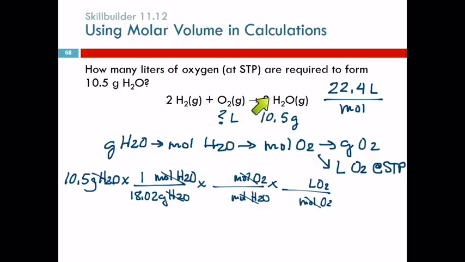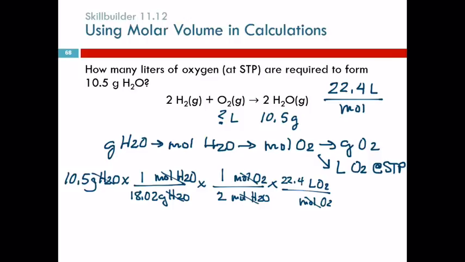Mole ratio comes from the balanced chemical equation. In front of oxygen, there's nothing. That means there's a 1. In front of water is a 2. And over here, liters and moles, I'm going to use this relationship. It's 22.4 liters is equal to 1 mole. You have to get the 22.4 in the right place. So the 22.4 goes up there.